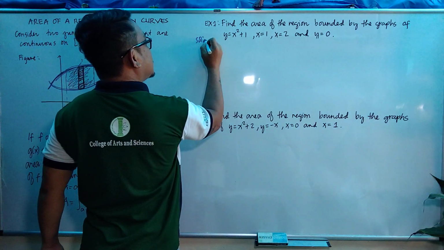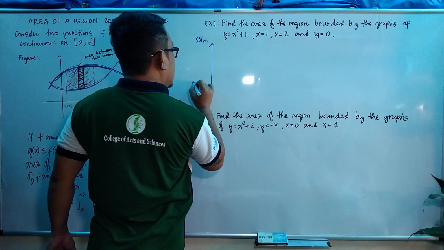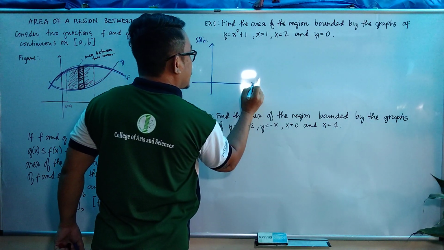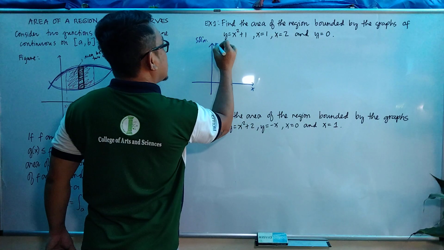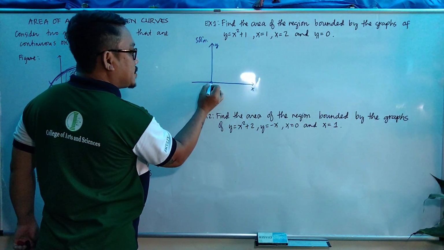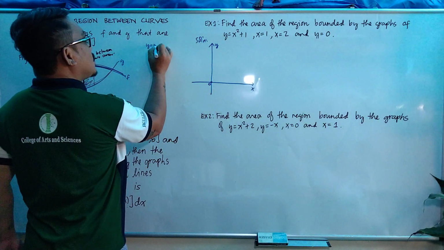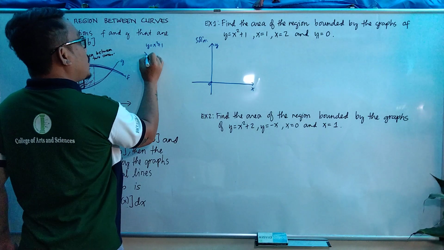You have the solution. Okay, suppose this is the graph. This would be x. This would be your y. Okay, this is your point 0, the point of the intersection.